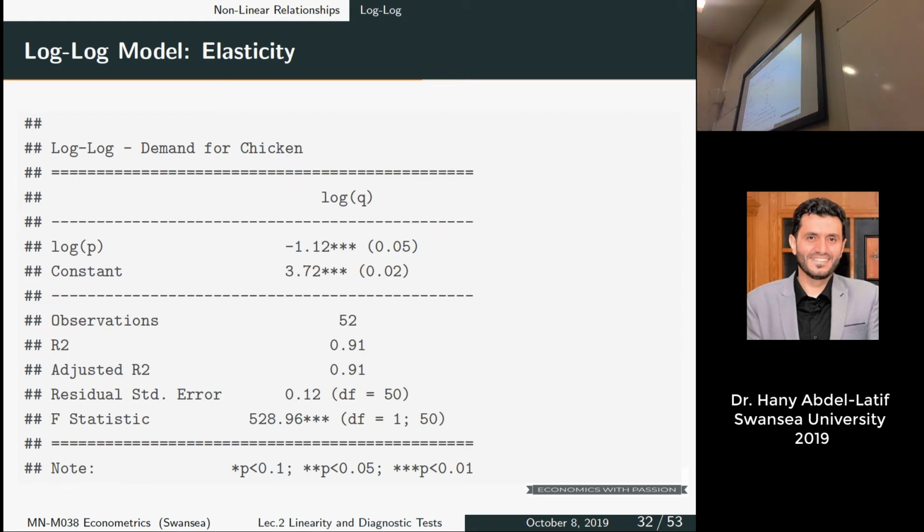So the idea here again, when we talk about linearity, we know what we mean by BLUE. Linear means linear in the estimate of beta. The model is linear in parameters, not linear in variables, because here we have a few examples where the model actually is not linear. We have log-lin, lin-log, and log on both sides.